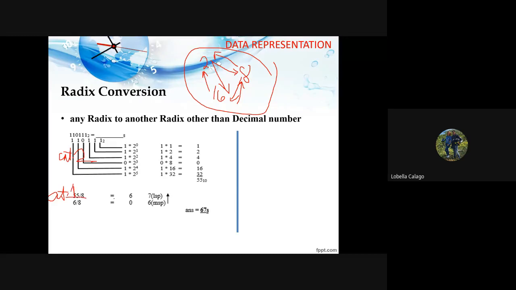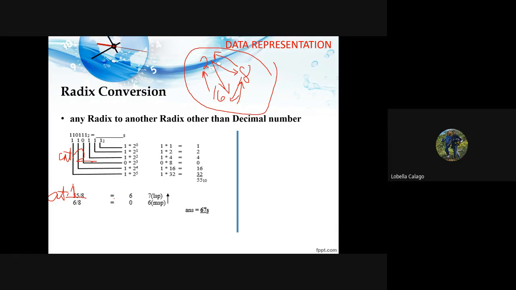So, you're going to pass category 2 and category 1. But, there is the long cut, a shortcut for that. There's no need for you to pass or do the longest way.